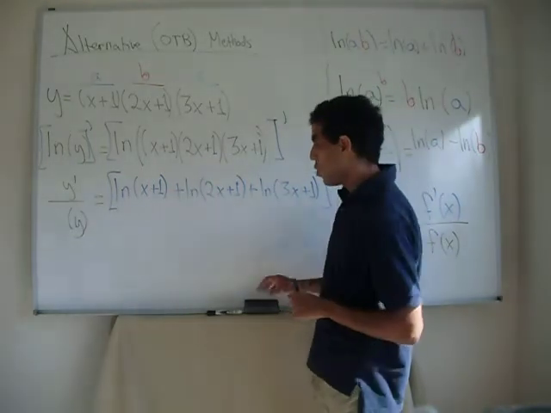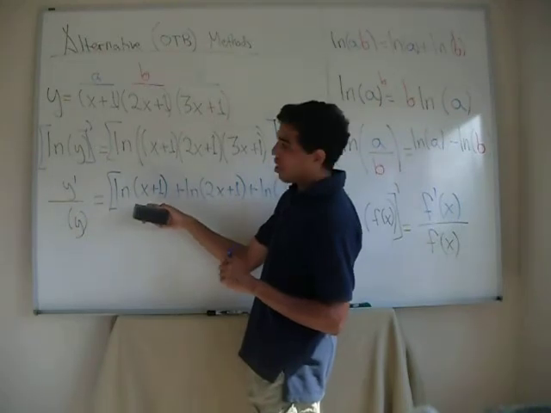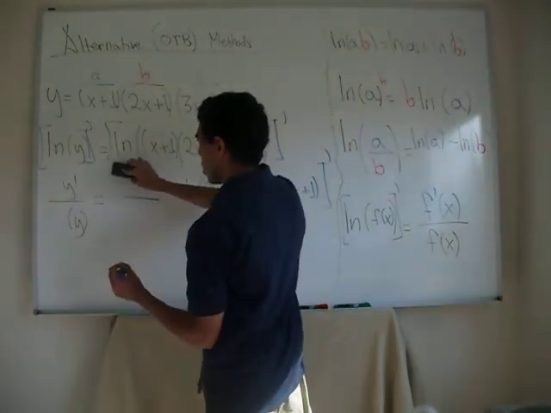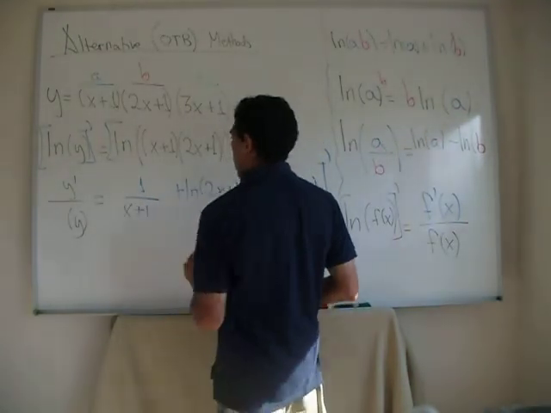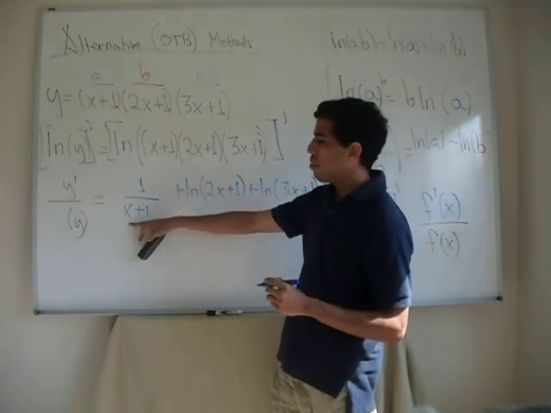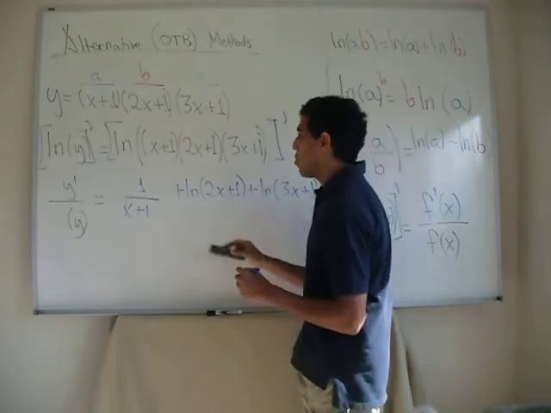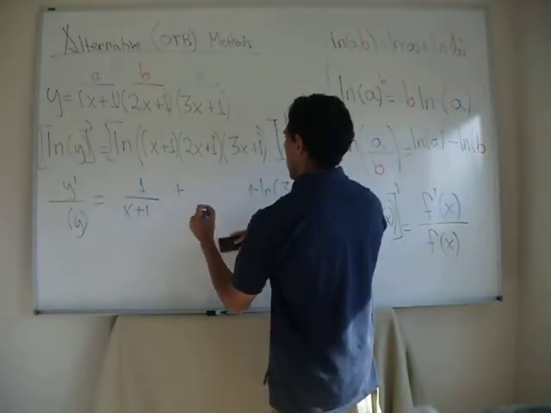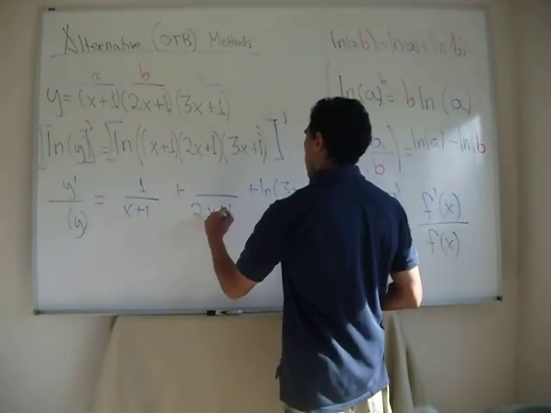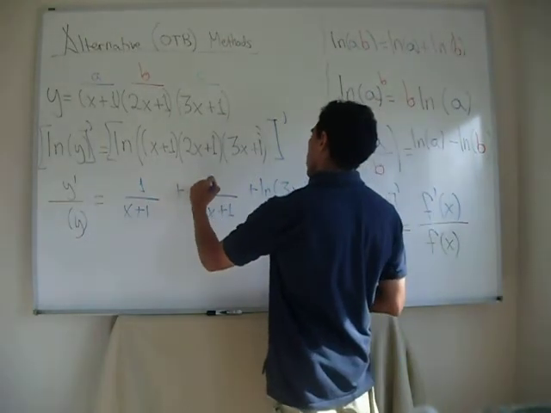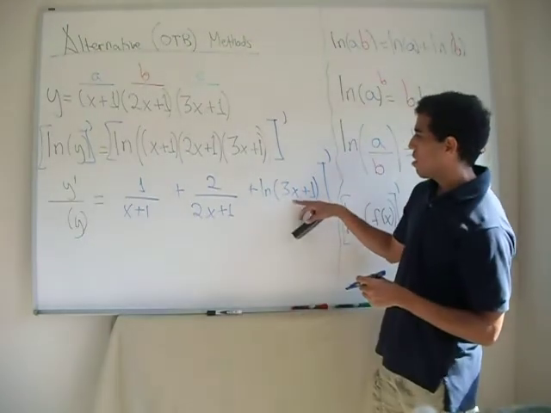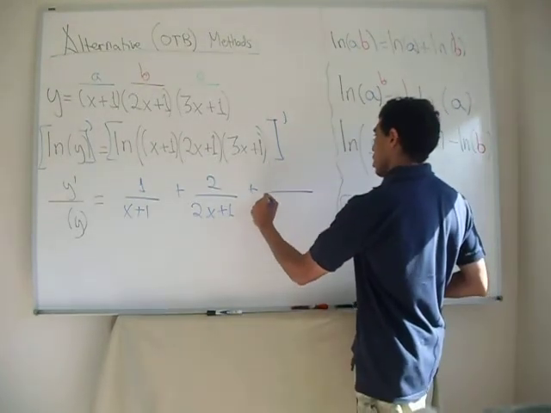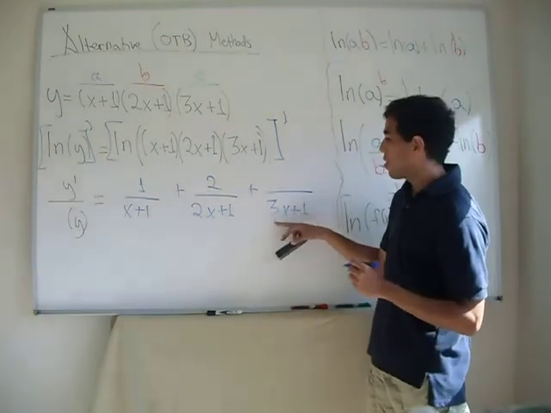So we do one by one. The derivative of logarithm of x plus 1 is going to be 1 over x plus 1 times the internal derivative, which is 1, because the derivative of x is 1 and the derivative of 1 is 0, plus this: 1 over 2x plus 1 times the internal derivative, which is 2, plus 1 over 3x plus 1 multiplied by the internal derivative, which is 3.